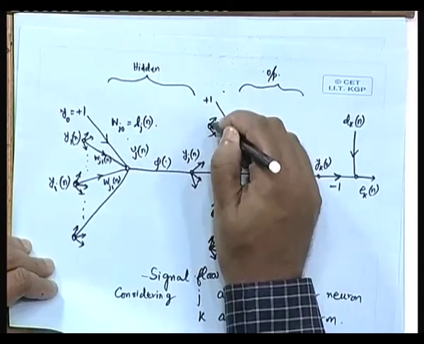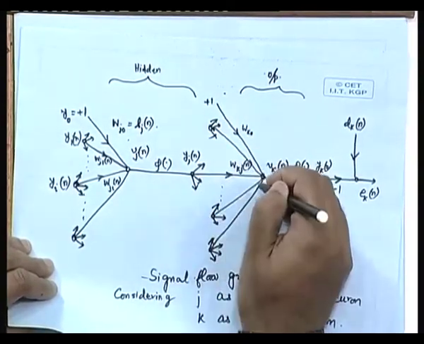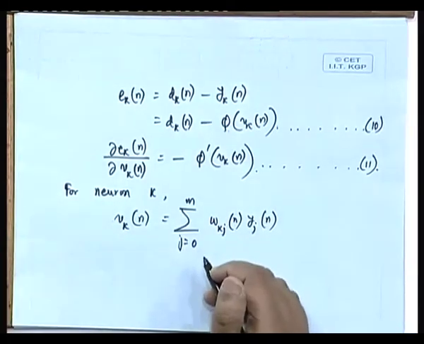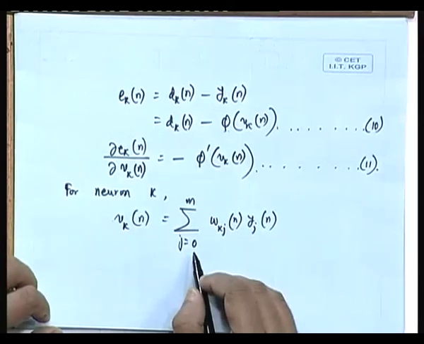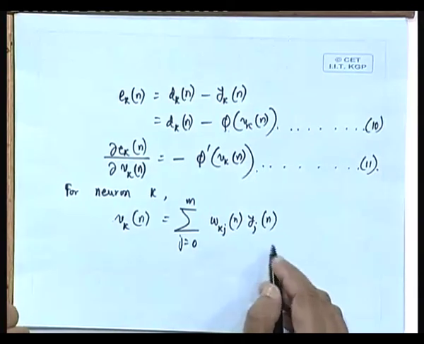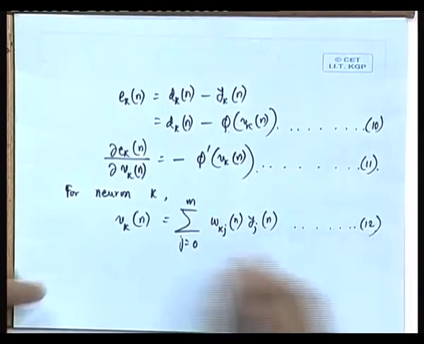So, that means to say that there are m number of neurons in the hidden layer just preceding the output layer. So, this is expressed as j is equal to 0 to m. There are m number of hidden layer neurons only, but j is equal to 0 case is for the bias, right. So, Vkn is equal to summation of this, which should be our equation number 12.